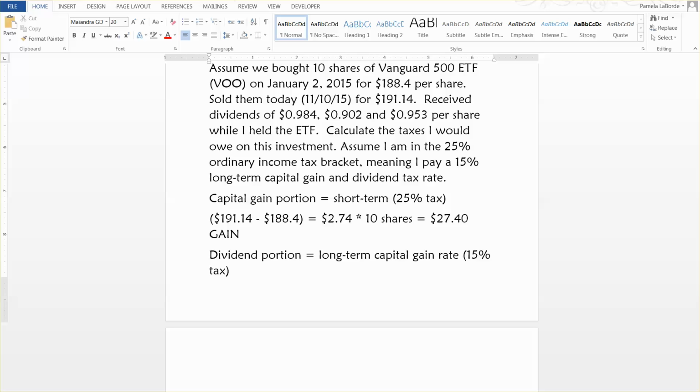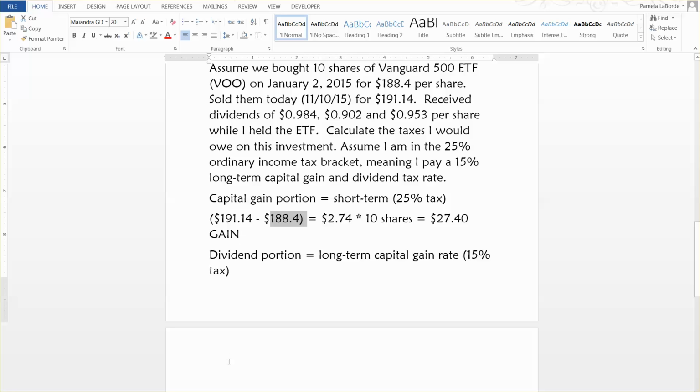It's not how much I received when I sold them. When I sold them, I sold 10 of these. So I actually sold them and got $1,911.14. But not all of that was gain. When I purchased them, I paid $1,884. So the difference between the 1,911.14 and the 1,884 would be my gain.